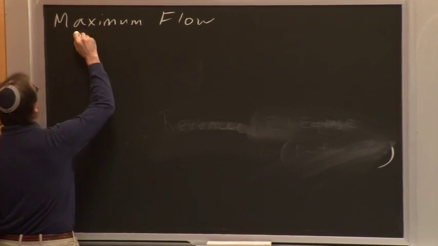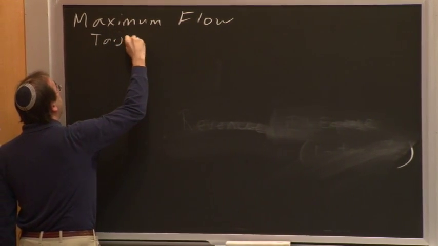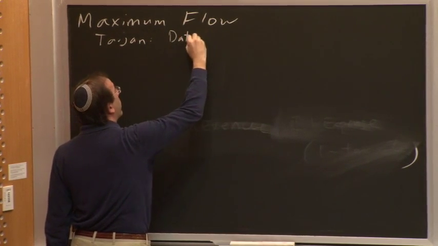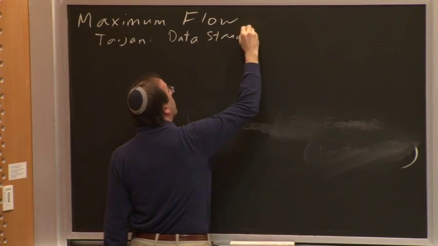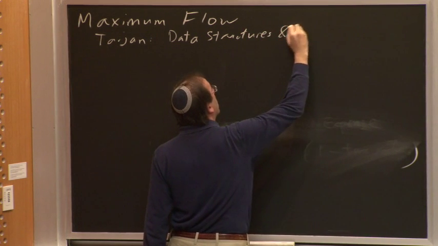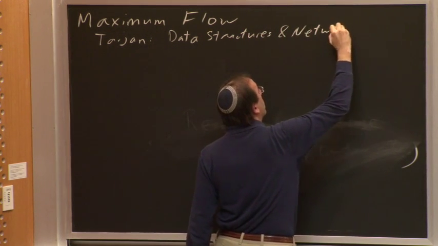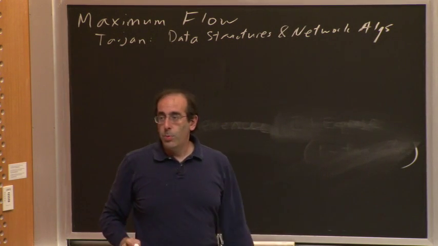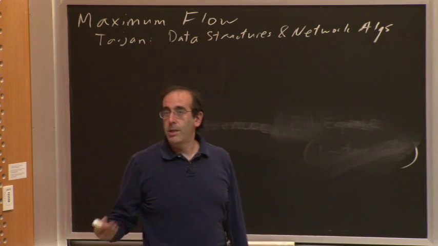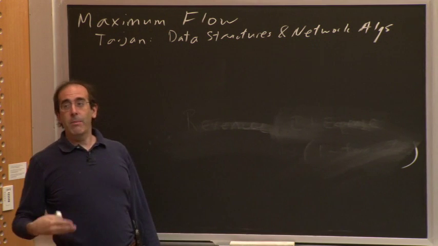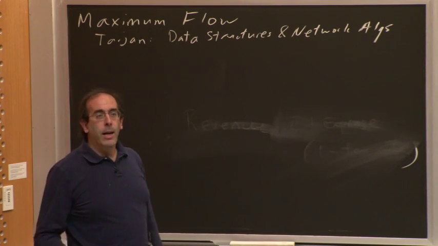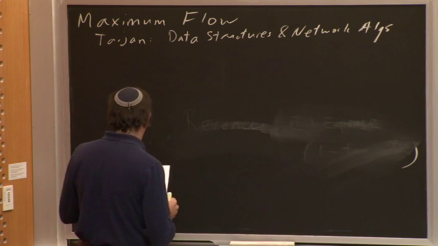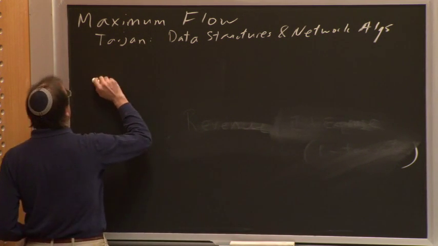And some references if you want to read about it. Tarjan has a very nice little book on data structures and network algorithms. It's quite dated at this point. It doesn't have any of the most recent inventions. I mean, I think he wrote this before he came up with splay trees, for example. But it's beautifully written and provides a lot of clarity on the problems in some of the basic algorithms.